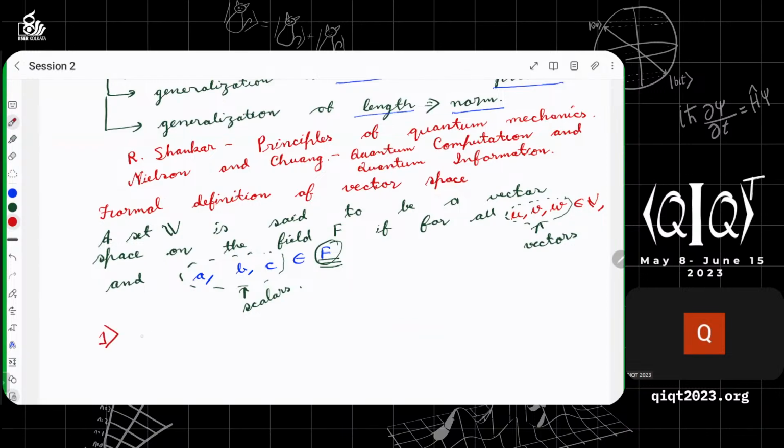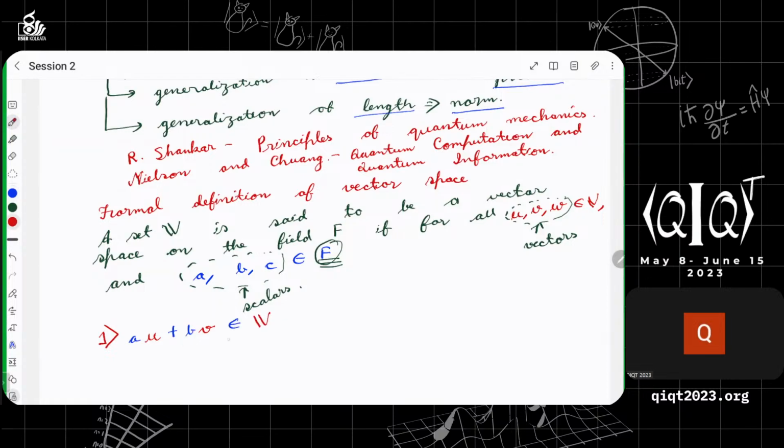So firstly, if you take a linear combination of, say, u and v, which means you take the vector u, you take the vector v, you multiply with two scalars, say a and b, and you add them. This is called linear combination, as we had discussed last class as well.